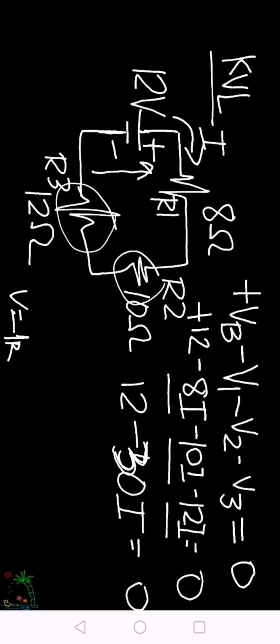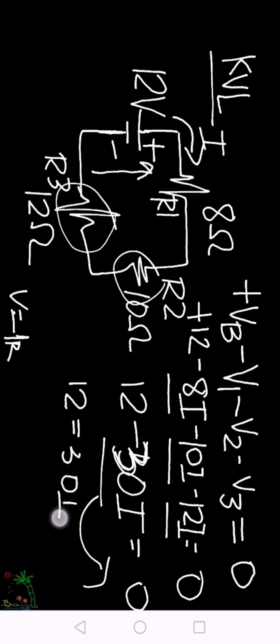And then we can transpose this into the other side. So it will become 12 equals 30I. And then divide both sides by 30. I is equal to 12 divided by 30, 0.4 amps.